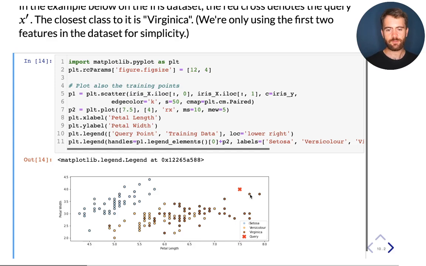This makes sense because this red cross is in an area where we have mostly Virginica flowers, so the output of nearest neighbors for this query point is perfectly reasonable, something that we would expect given the data.